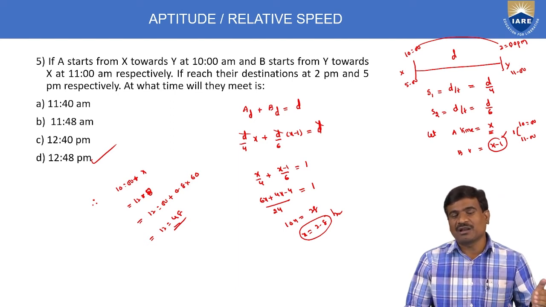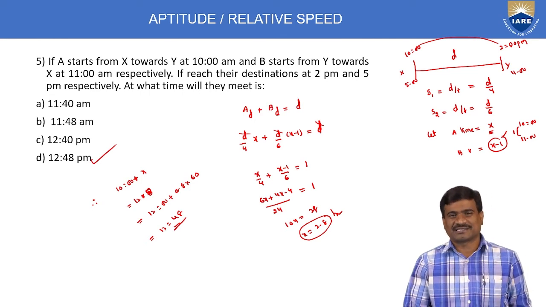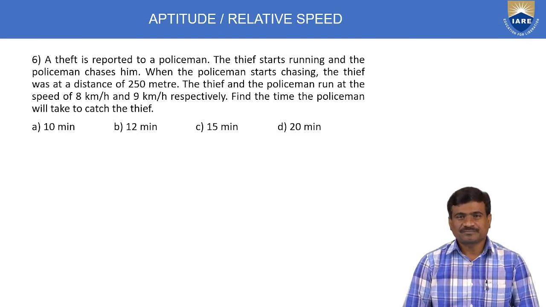B starting time is 11 o'clock, 11 plus 1.8 is 12.8, and 0.8 converted into minutes multiplied by 60 gives 12:48 p.m. Option D only is correct.